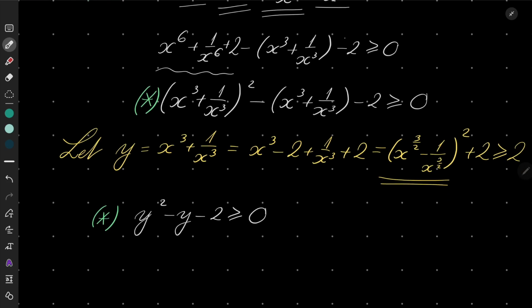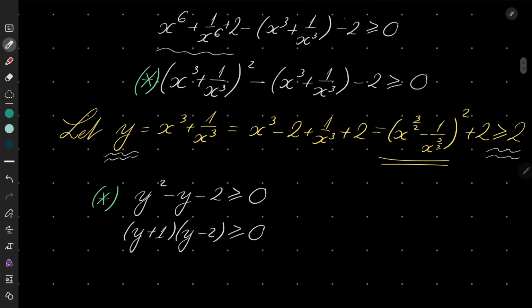We can factorize the left-hand side, and we will get (y plus 1)(y minus 2) is greater than or equal to 0. And let's look, we have already established that y is greater than or equal to 2. So both of these parentheses are, in fact, non-negative. So their product is also non-negative.